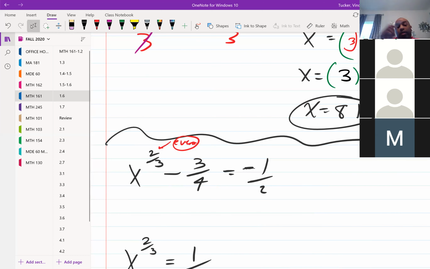So in this case, we have x to the 2/3 power minus 3/4 equal to negative 1/2. All right. Want to isolate x to the 2/3. So we'll add 3/4 to both sides.